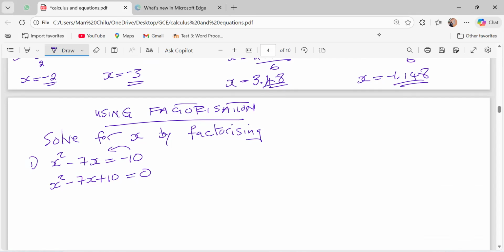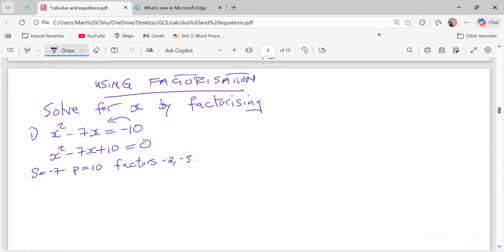So we're looking for the sum here. The sum is -7, and the product is 10, and the factors in this case will be -2 and -5.